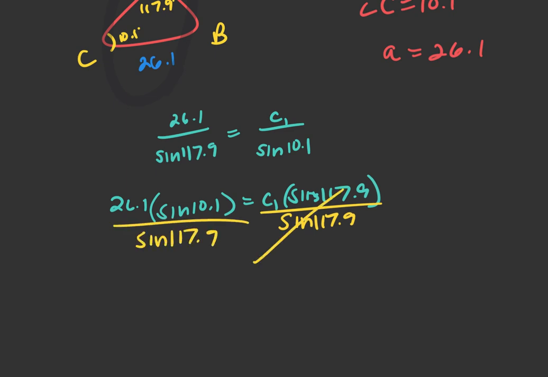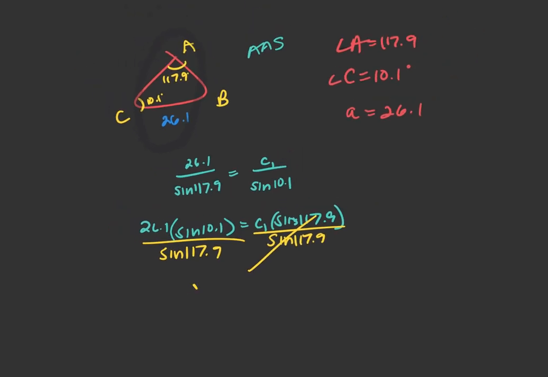And then just type that in the calculator. 26 sine 10.1 divided by the sine of 117.9. And you get C1 is 5.159, so 5.16.